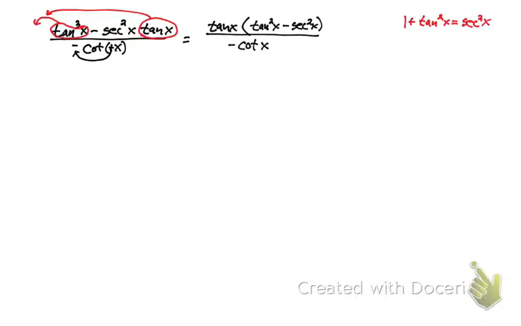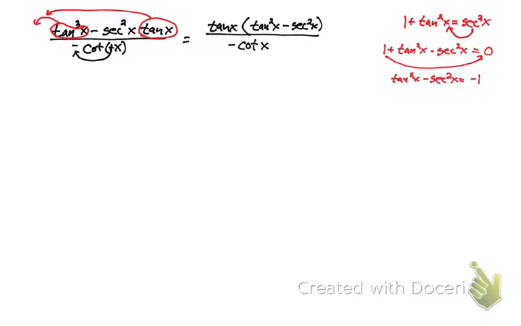Well, to have a negative secant, I would need to move the secant to the left-hand side, which would give me 1 plus tangent squared x minus secant squared x equals 0 right now. But I need this to be alone, so I need to move that 1 to the other side. So moving that 1 to the other side will then give me tangent squared x minus secant squared x equals a negative 1.